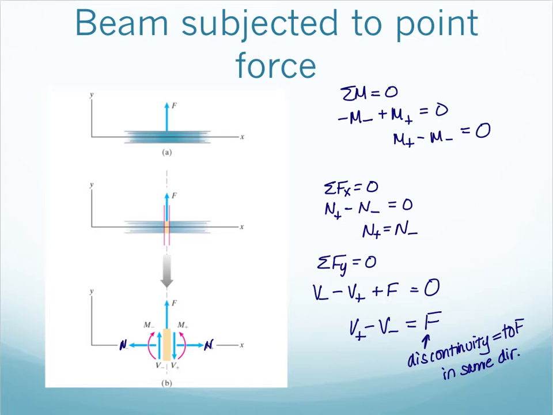What we found is if a point force, a force acting at a very specific point on a beam, produces a discontinuity in the shear force diagram in the direction of the force and with the same magnitude.